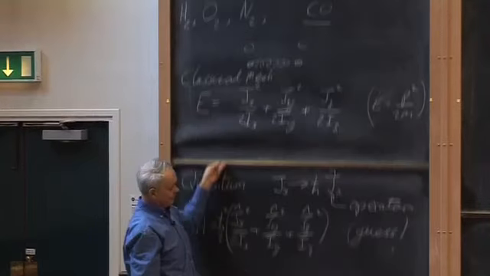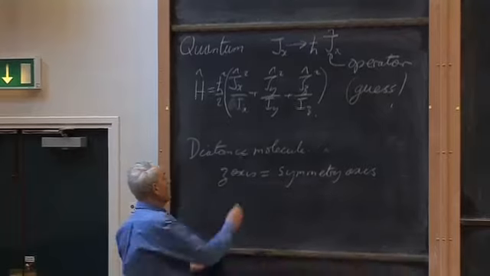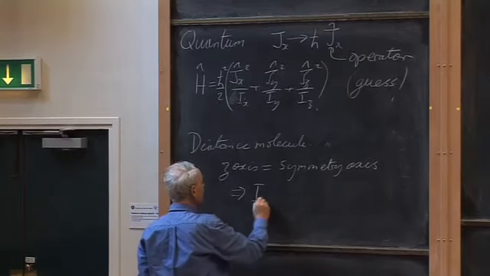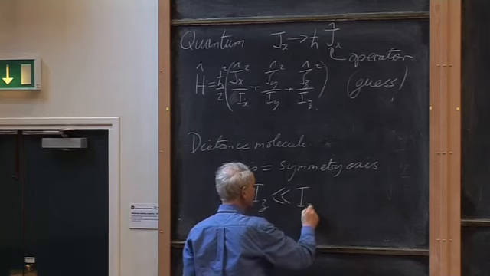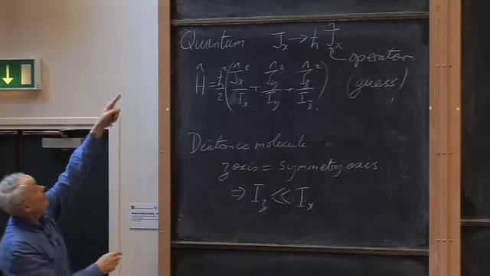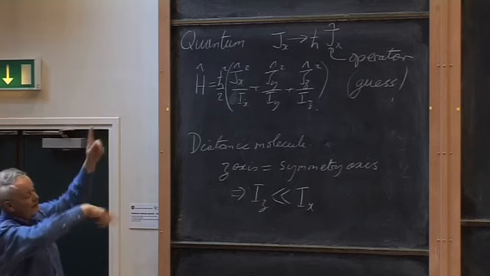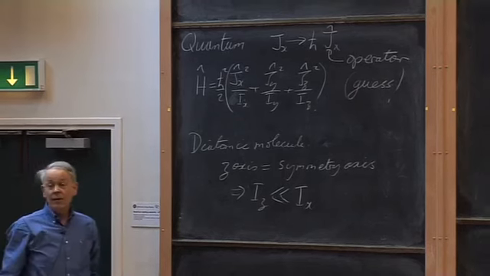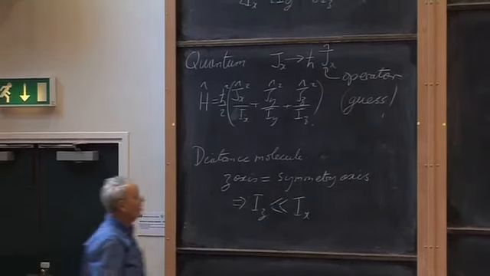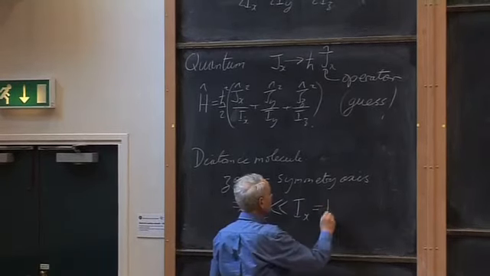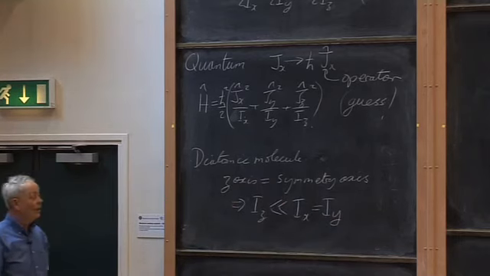So the moment of inertia is in any case very small, so this implies that Iz is very much less than Ix, the moment of inertia about an axis that sticks out here, where if you spin it around there, the two nuclei go around in a decent circle of radius half the length of that bond, say. And for a diatomic molecule, by symmetry, Ix is going to equal Iy.